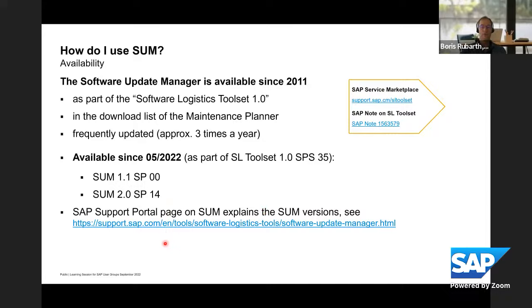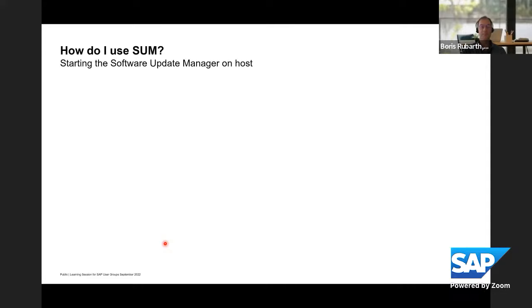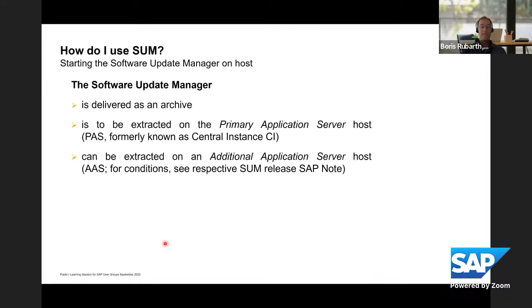So how do you use the Software Update Manager? Well, you would start the Software Update Manager on the host of the application server. The Software Update Manager is delivered as a software archive. As mentioned, Maintenance Planner is providing this as well, if you like. And you will download the archive.